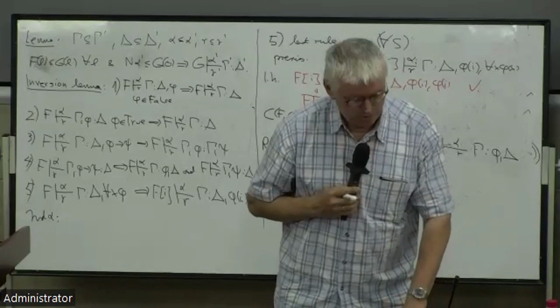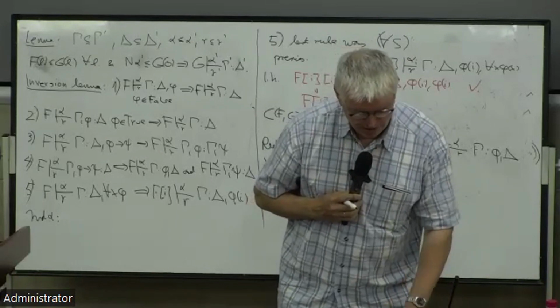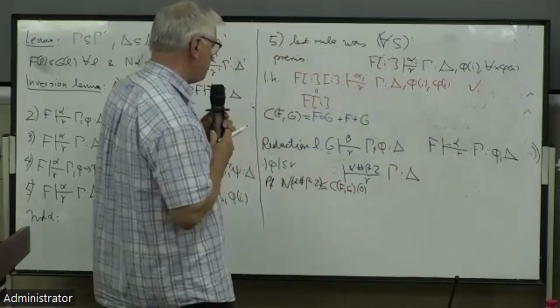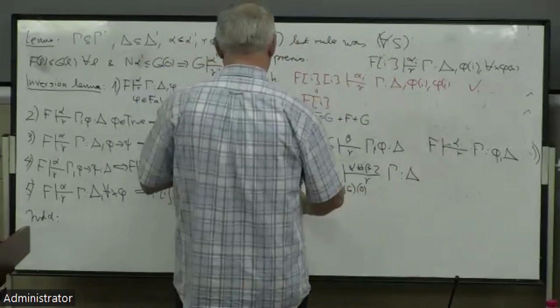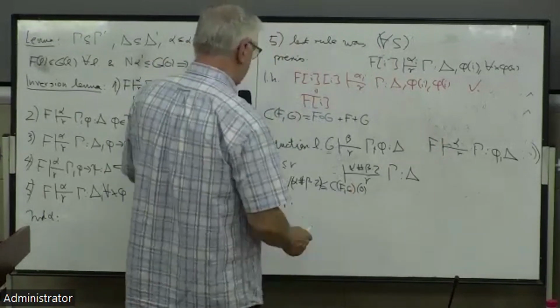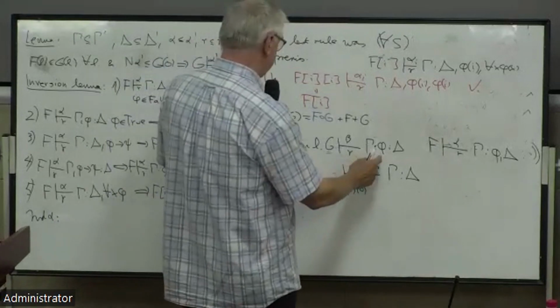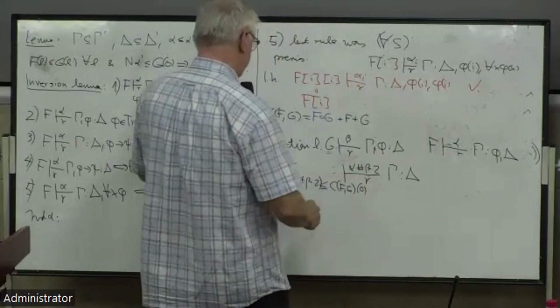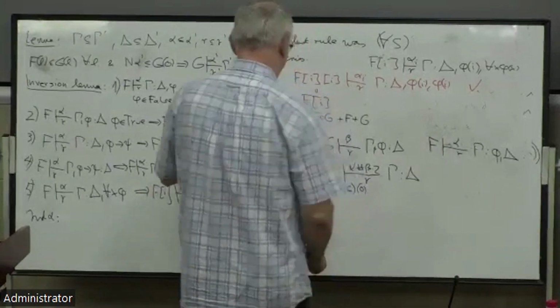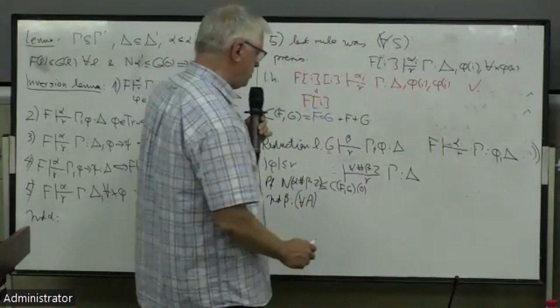Now, time is getting short, so I just concentrate on the critical case. So we do induction on beta. And in the critical case, we have universal introduction in the antecedents. So what do we have?